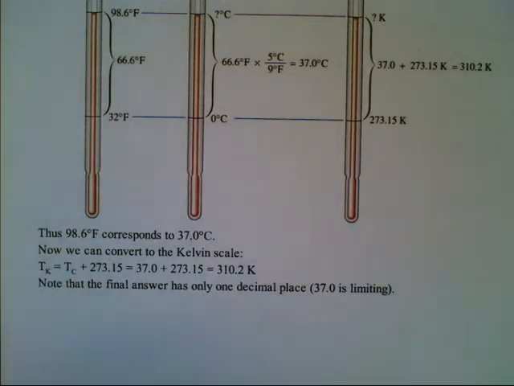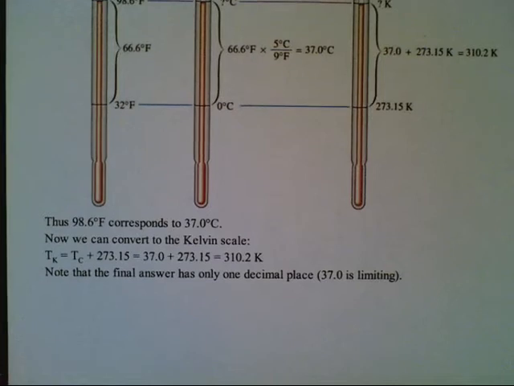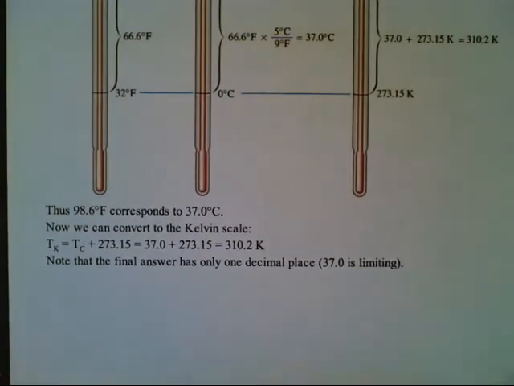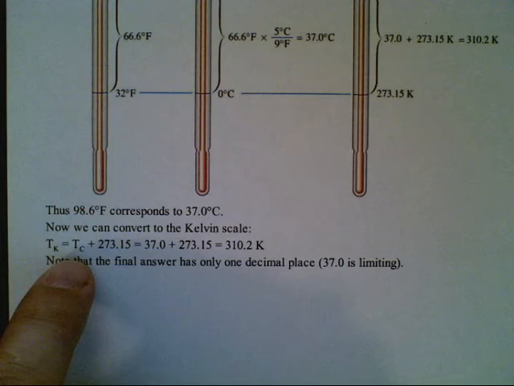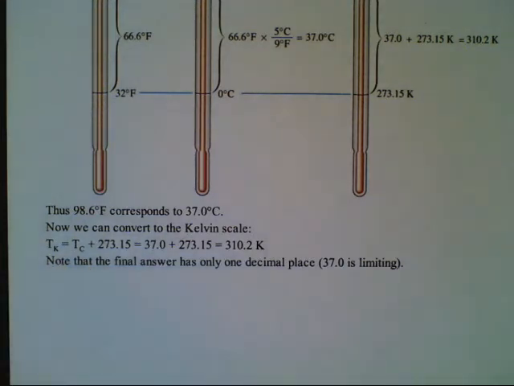Thus, 98.6 degrees Fahrenheit corresponds to 37.0 degrees Celsius. Now that we know what that degrees Celsius is, we can convert to the Kelvin scale, because you have to have the Celsius value in order to get to Kelvin, because any temperature in Kelvin is equal to temperature in Celsius plus 273.15.